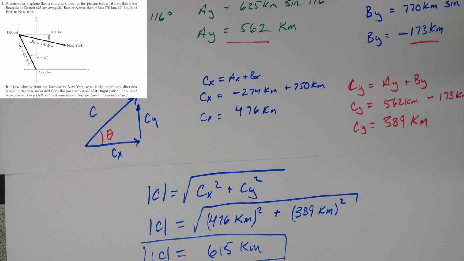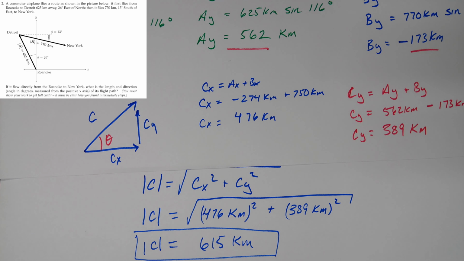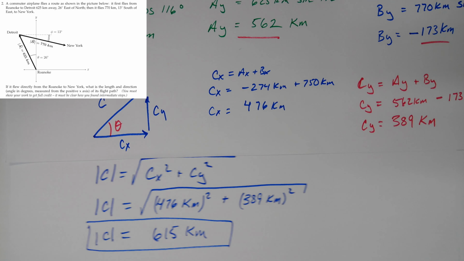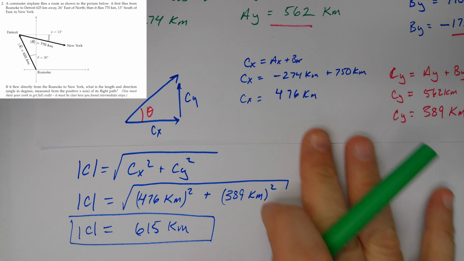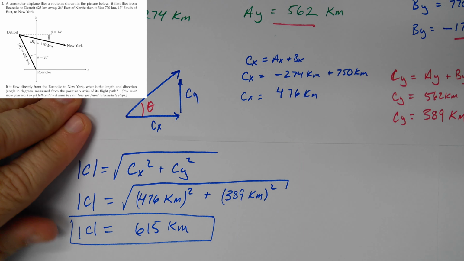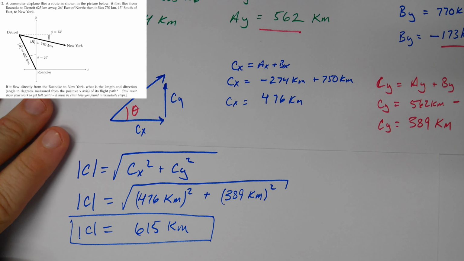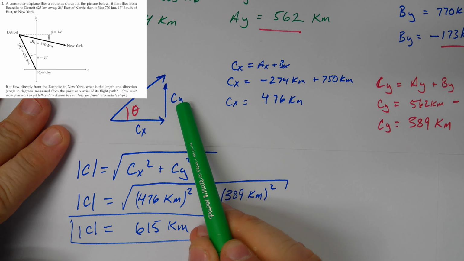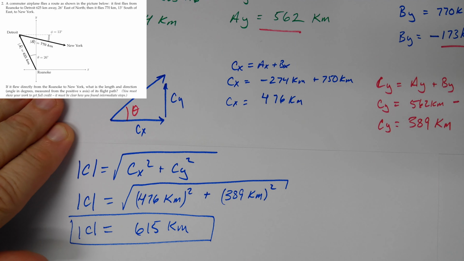The other part we need now is the angle. For our angle, we have the opposite and adjacent sides, so that's going to be tangent theta.